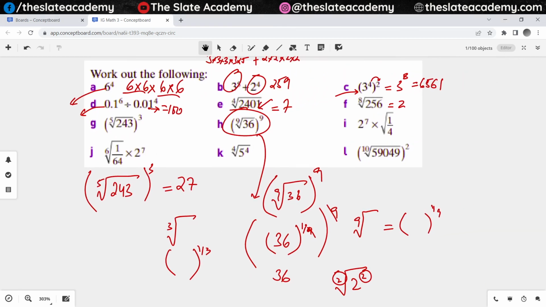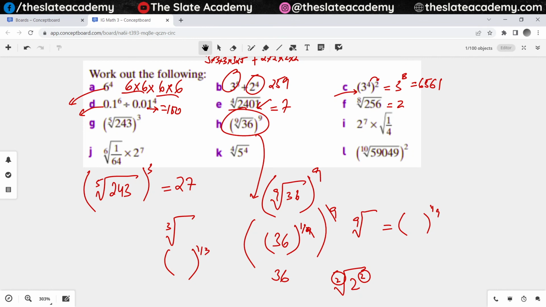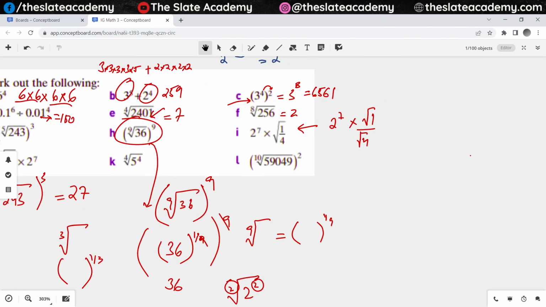Okay, 2 to the power 7 into root 1. What would this become? 2 to the power 7 into root 1 by root 4, right? And that would become 2 to the power 7 into root 1 over 2. This 2 has got power 7, this 2 has got power 1.